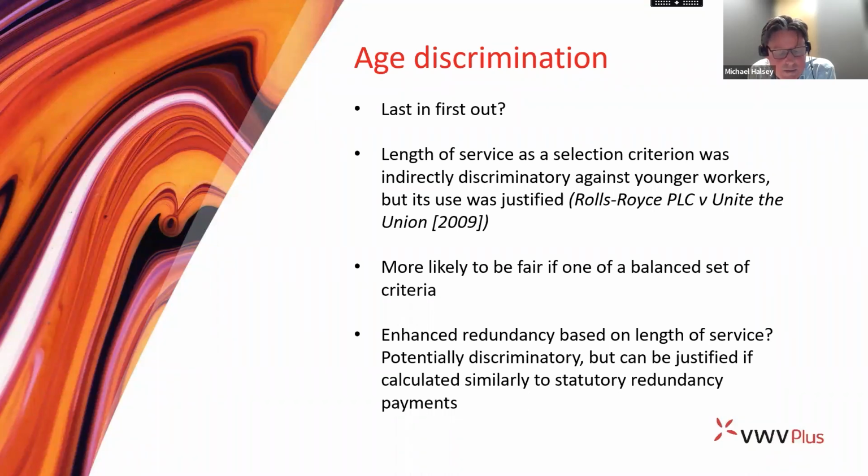And second, the rewarding of loyalty or long service. It's widely accepted that those are legitimate aims, and the tribunal found that Rolls-Royce had acted in a proportionate way, given that the LIFO criteria sat within a much wider matrix of selection criteria as used.